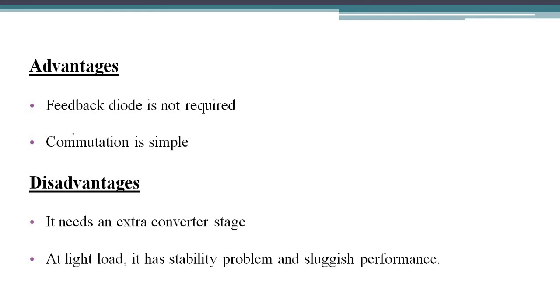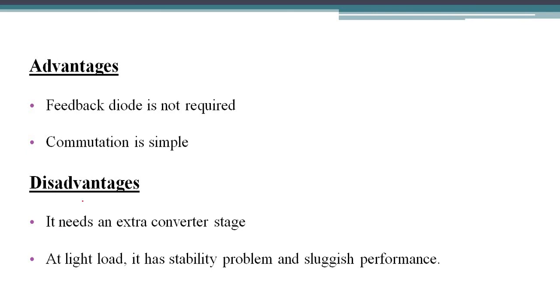And the advantages: a feedback diode is not required since the current is constant, whereas in voltage source inverters an anti-parallel diode is connected across the thyristors. But here there is no diode because it is not required, since the current is always unidirectional from source to load. Even across the thyristors there is no chance of reverse biasing.